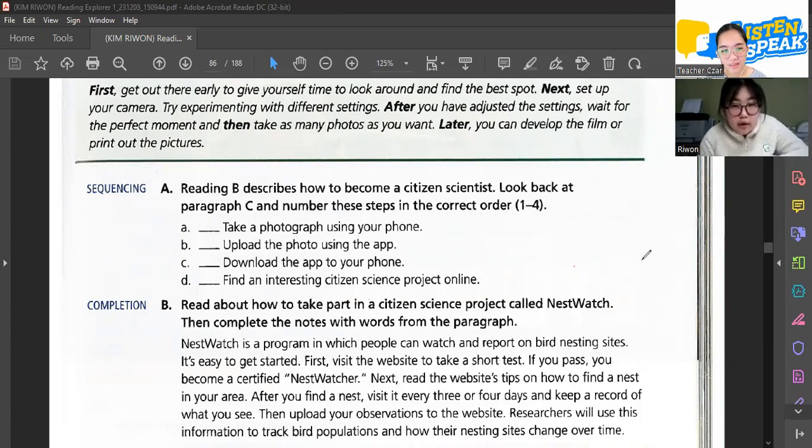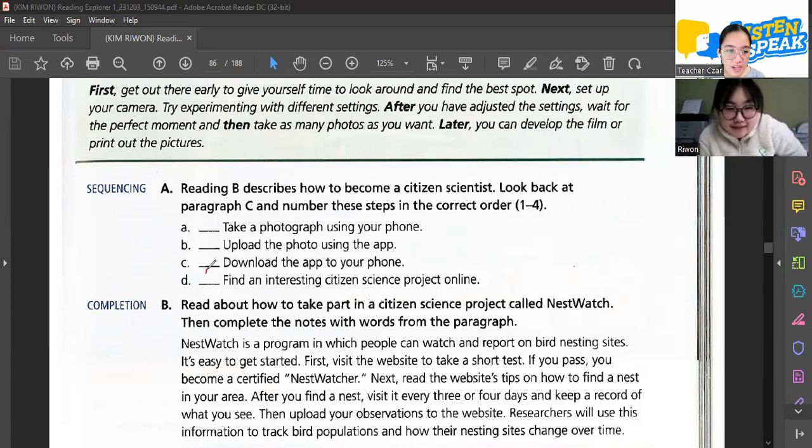A is number 1. This one? Yes. I don't think so. What is the first step that you need to be a citizen scientist? Find an interesting citizen science project online.